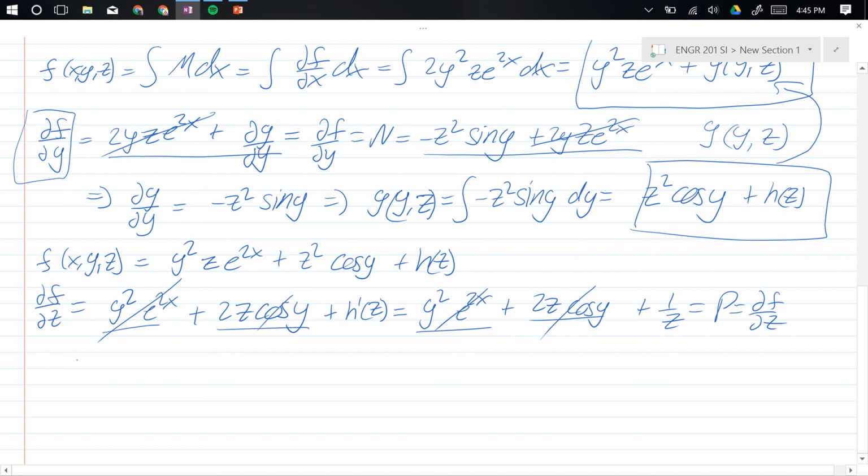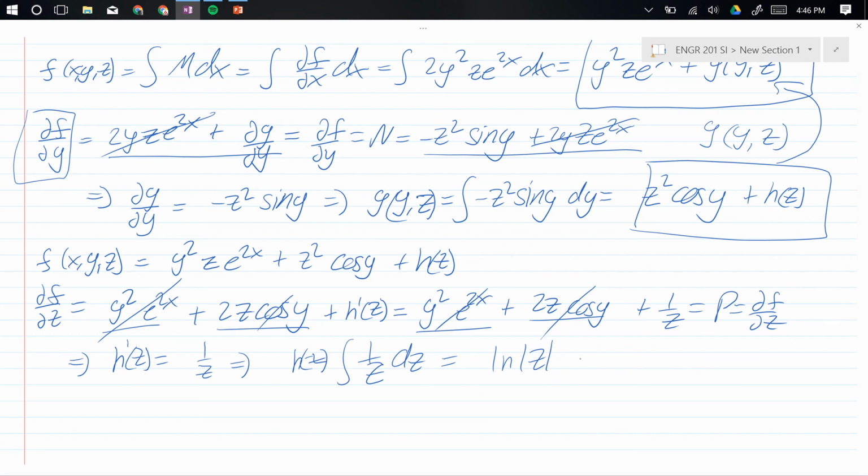So then, like I said before, h prime of z is going to equal 1 over z, which implies h sub z equals the integral of 1 over z dz, which is equal to natural log of the absolute value of z. And since this is our last variable, we have to account for any constant that's just a number. So we have to say plus c.